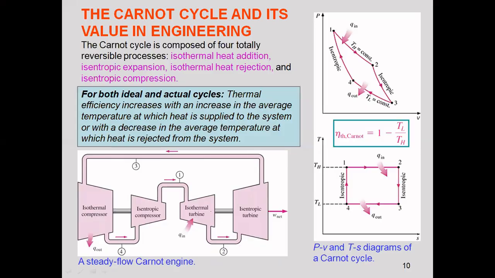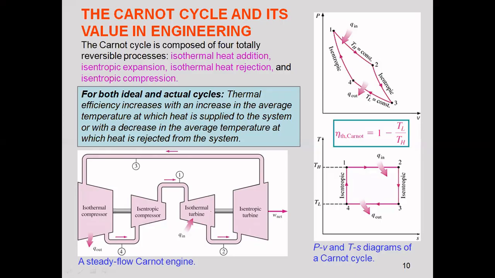Now I will move to the main part. The Carnot cycle, as we know, is the most efficient one once the temperature ranges are given, meaning the maximum temperature limit and the minimum temperature limit, that is the heat source temperature as well as the heat sink temperature.